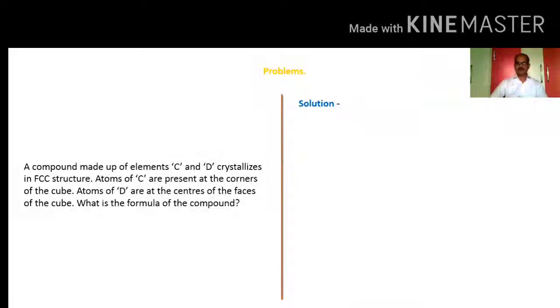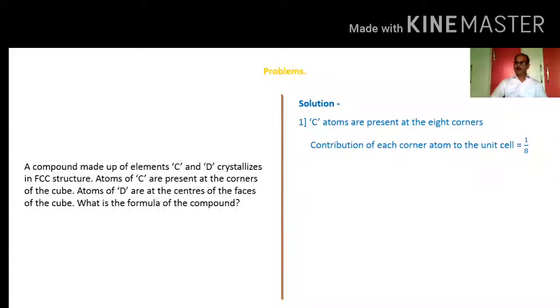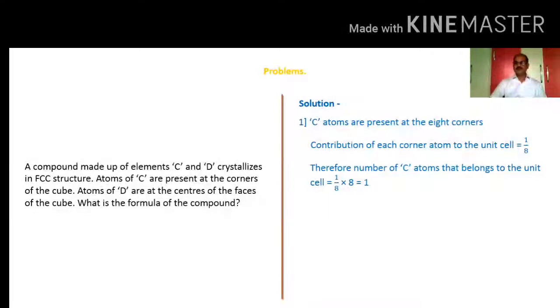See how to solve this problem. It is given that C atoms are present at the 8 corners of the cube. We also know that contribution of each corner atom to the unit cell is 1/8. Therefore, the number of C atoms belonging to the unit cell is 1/8 into 8, that is 1.